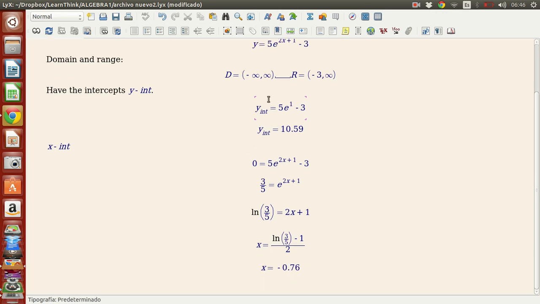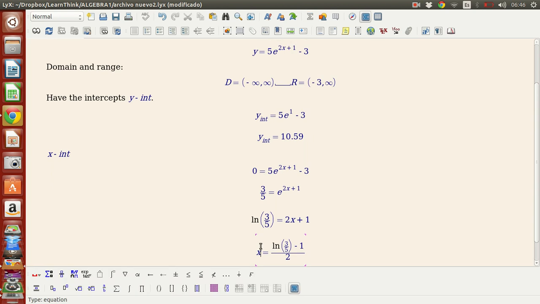So we have the y-intercept and the x-intercept. Remember to write something to show which is the x-intercept. You can write a 0 to say that the y-coordinate of the x-intercept is 0.